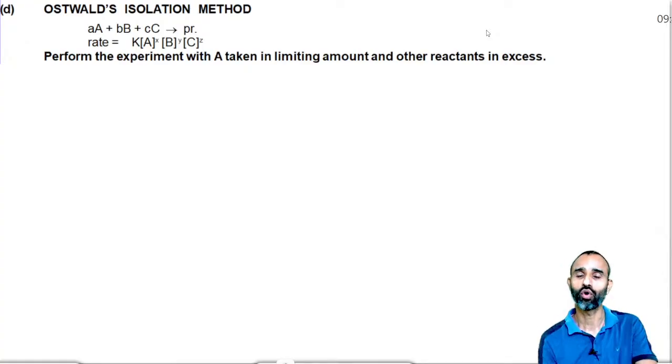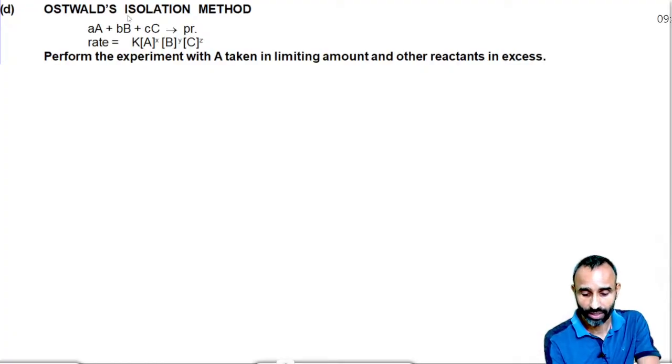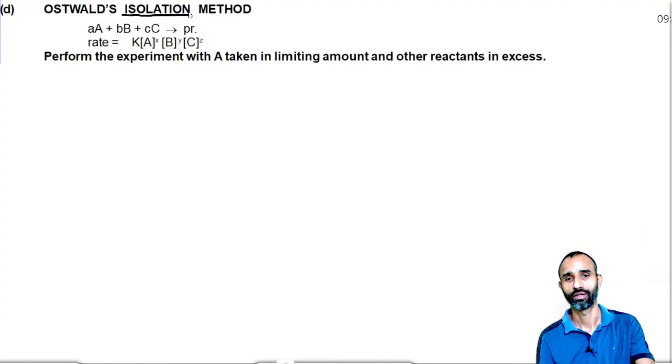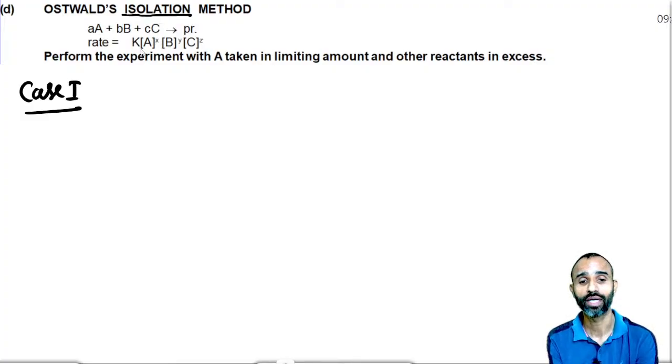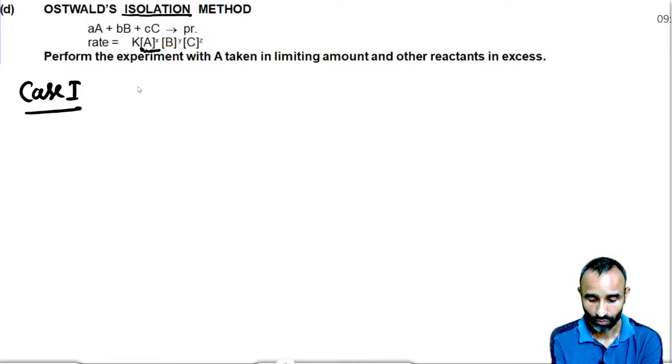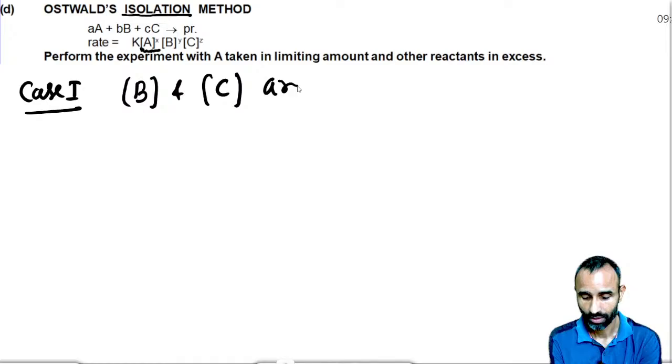Now, Ostwald's isolation method. In Ostwald's isolation method, we isolate reactants and change the concentration of the others. For example, case 1, let us calculate the order of reaction with respect to A. We take the concentrations of B and C in excess.